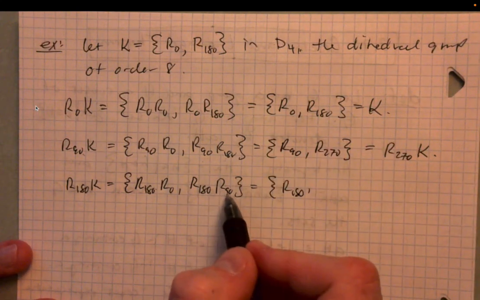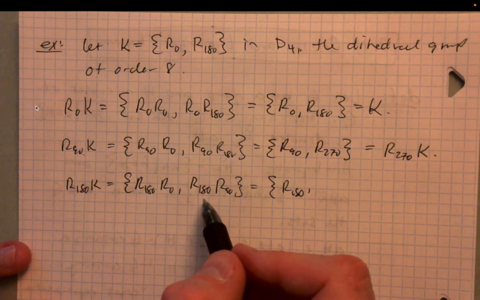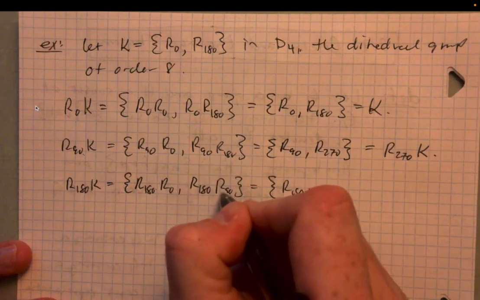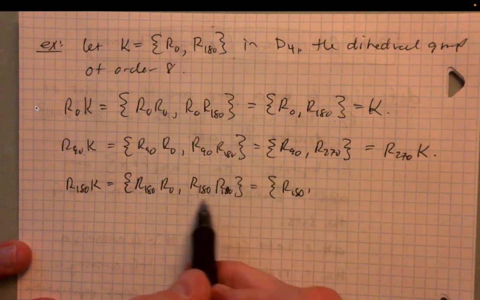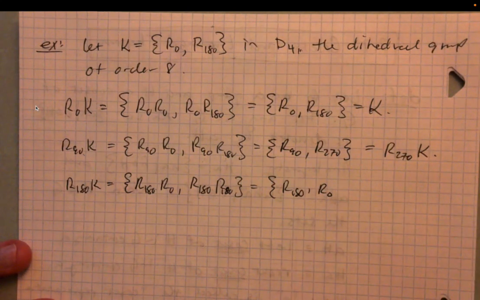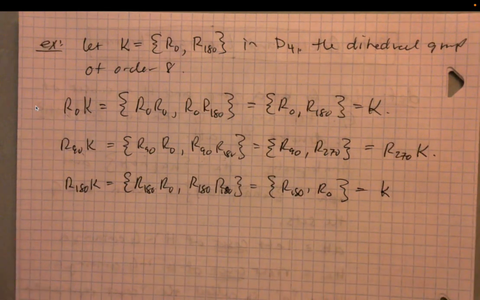And then if I rotate 90 and then 180, that of course is, oh, sorry, typo. This should be 180 here. I apologize. 180 and a 180. That's going to give you back an R0, isn't it? Yep. And so that one is back to K. Okay. So the rotations are fairly easy to see.